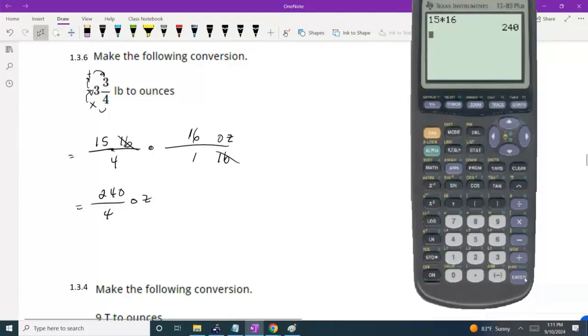Now if we divide 240 by 4, we should get 60 ounces. So 3 3/4 pounds is equal to 60 ounces. So we converted that mixed number to an improper fraction, and again, that was similar to your number 6.